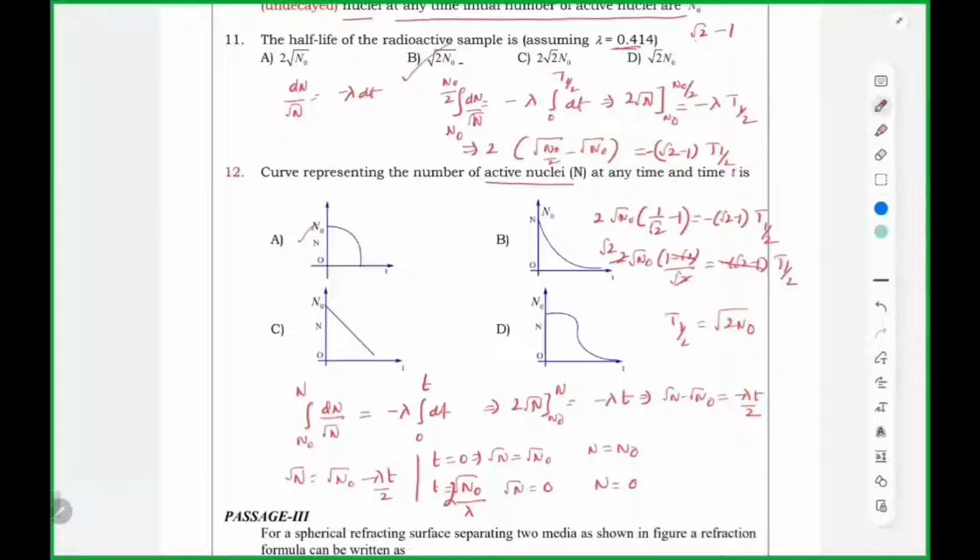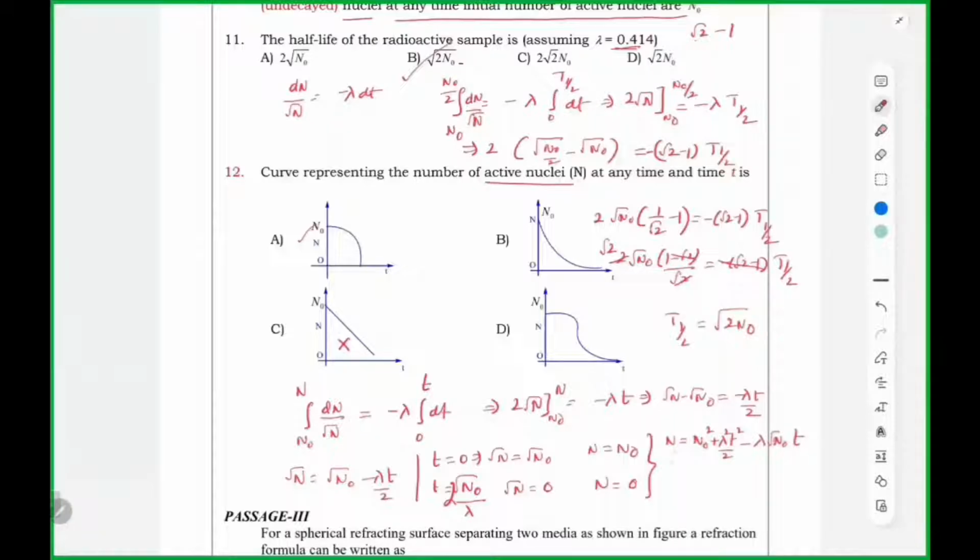So here, the nature of the graph cannot be a straight line. Squaring this, you get N naught square plus lambda square t square by 4 minus lambda root N naught t.